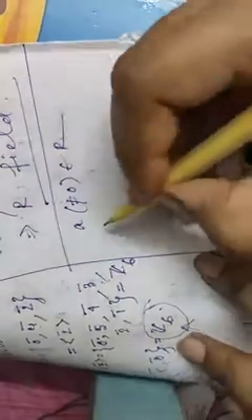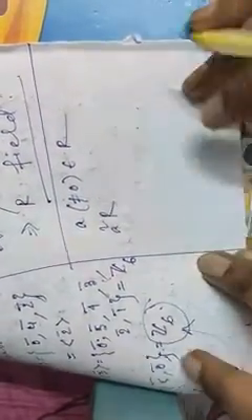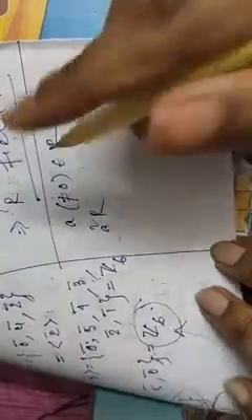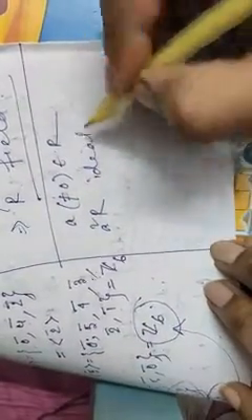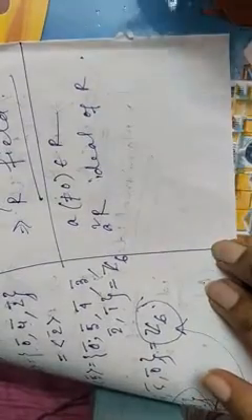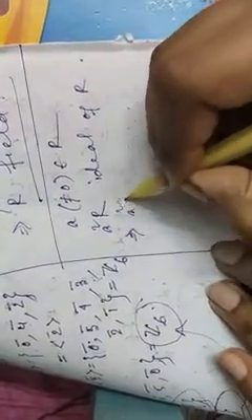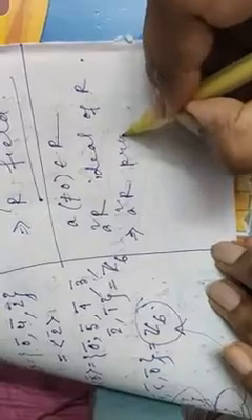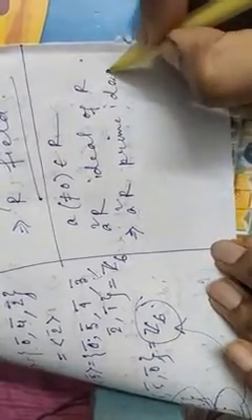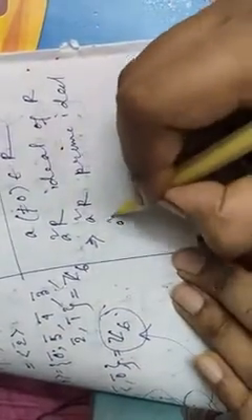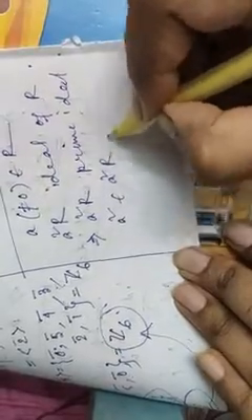That's it. Then considering this one, a square R. This is an ideal of R. Okay. Now every ideal is a prime ideal. So a square R is a prime ideal also. Now a square belongs to a square R, right?